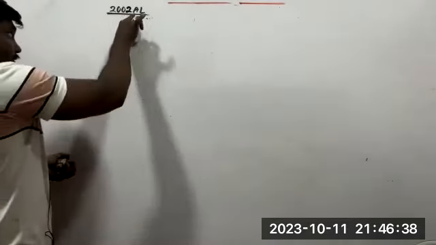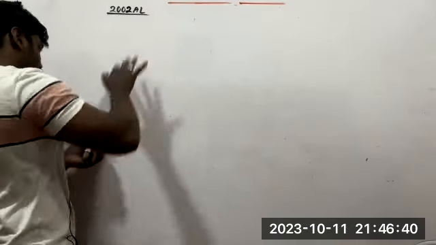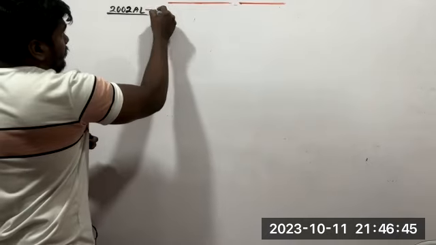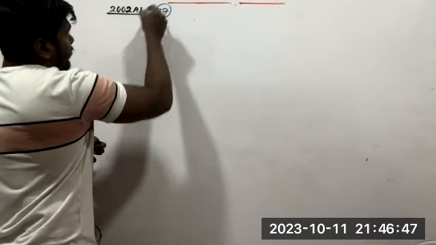Question number 47. When you take the 2002 A level MCQ paper, the question number is 47.